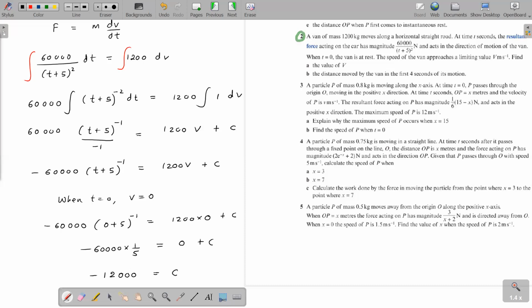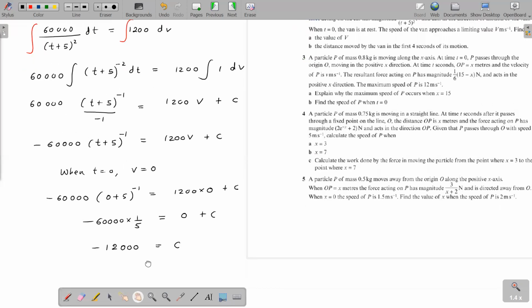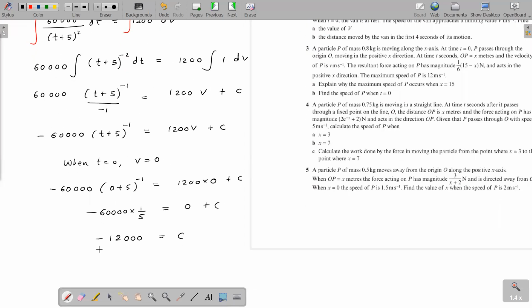Okay, let's input the values back into the main equation.